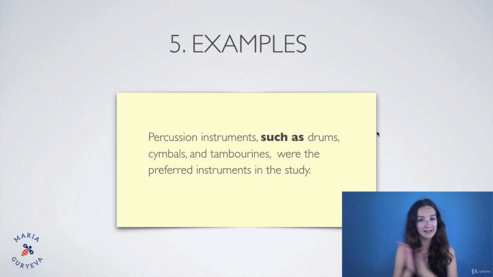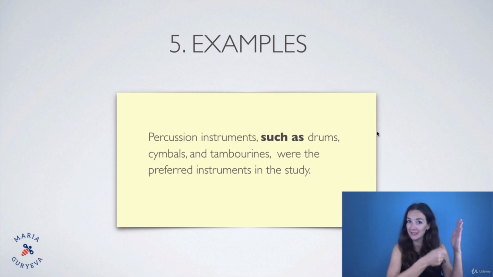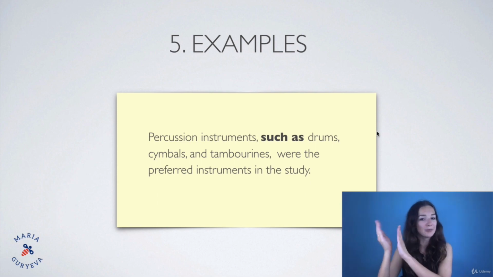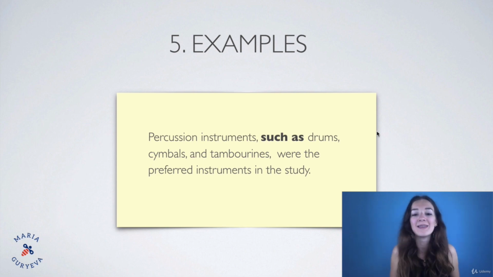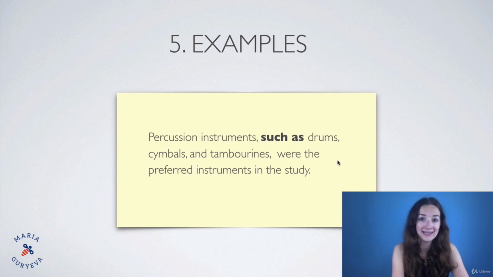What people do is they beat them, like this, with the sticks. So percussion instruments are probably those instruments that you beat. Now we understand, right? So sometimes examples help us understand the word, even though we don't have any definition.